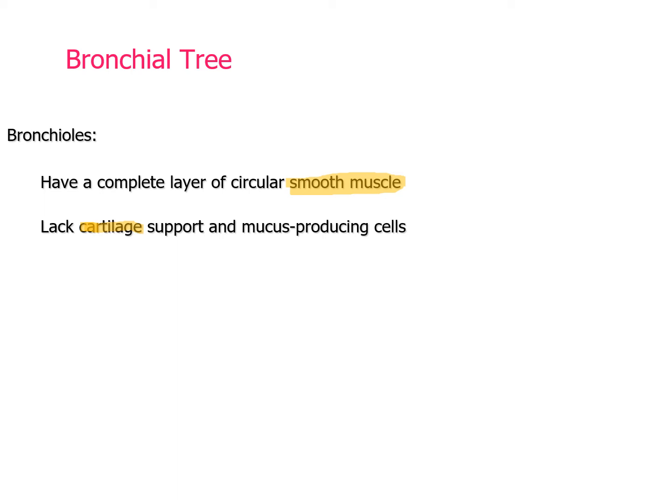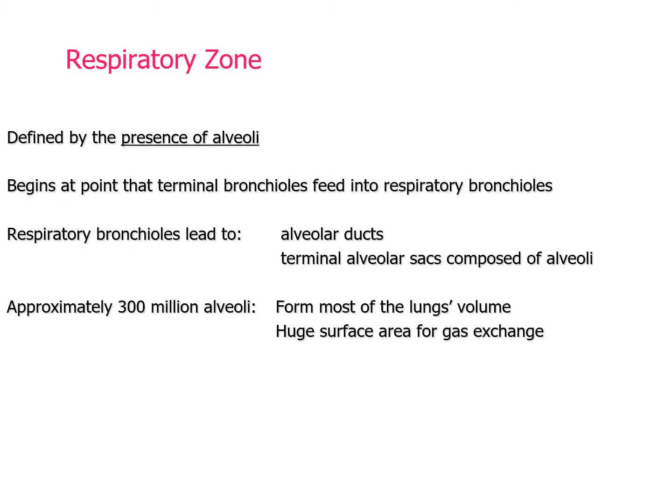So you lose the cartilage as you go further in, and they also do not have mucus producing cells. The cartilage is not necessary, and the mucus would only act to block the airway because it's so narrow.